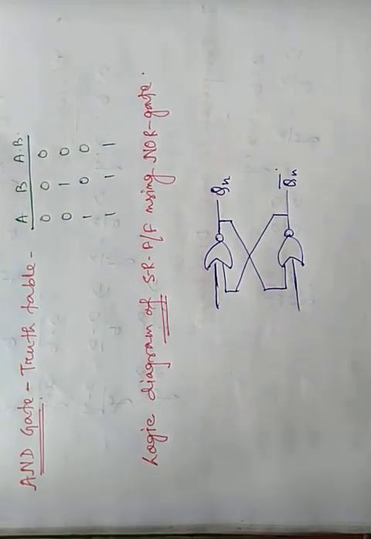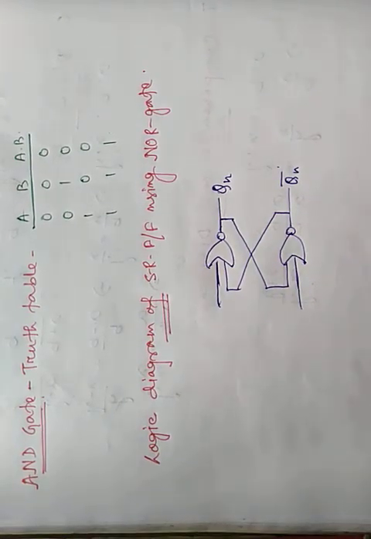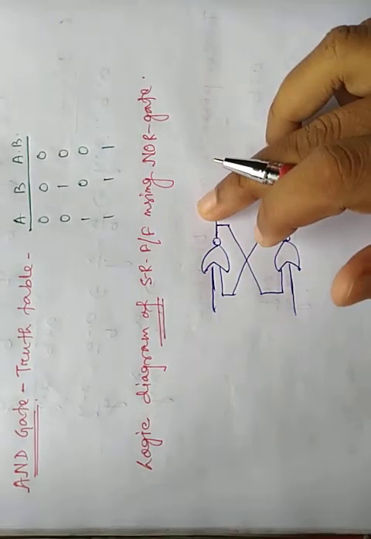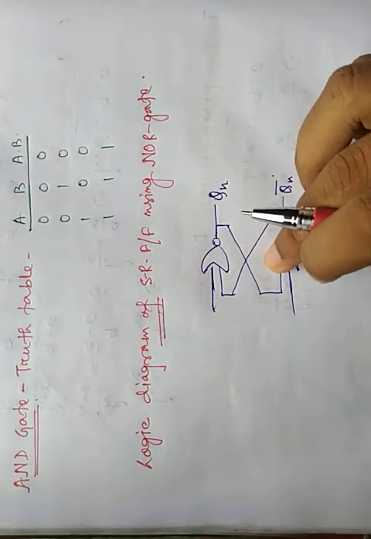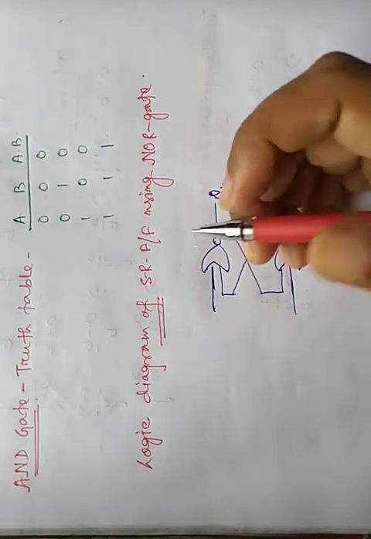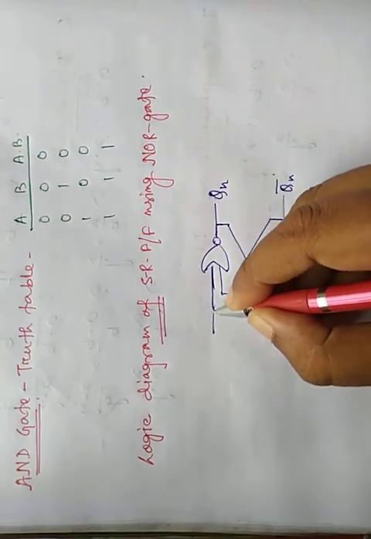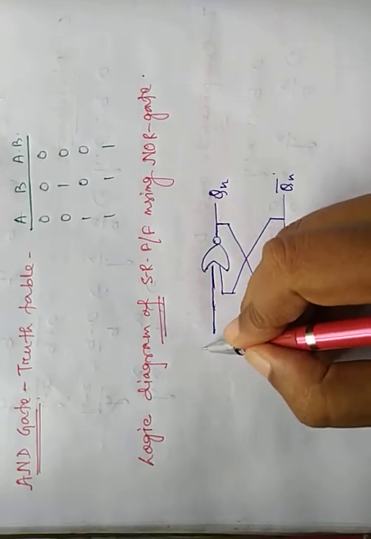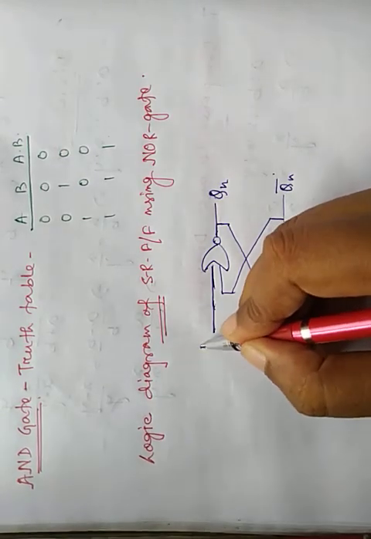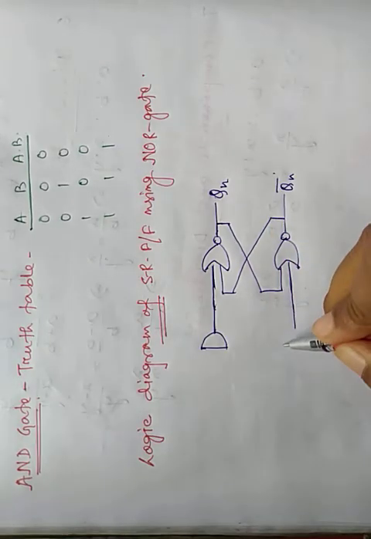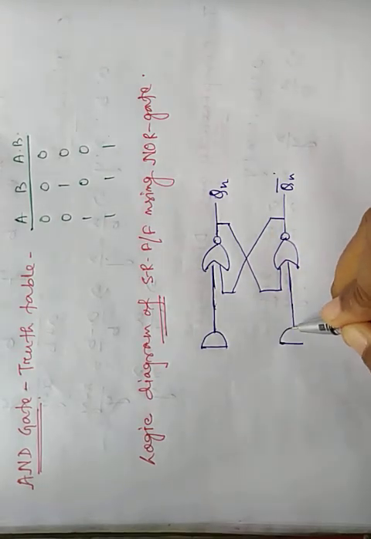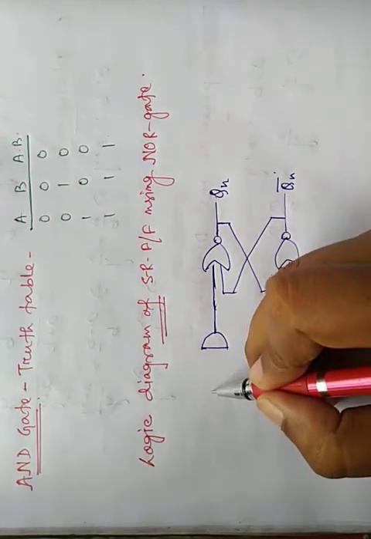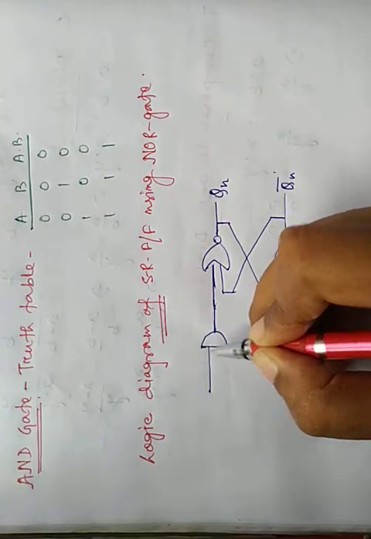So now we are going to add one clock signal. In order to add the clock pulse with this latch circuit, we have to add two AND gates. I think you have already remembered the AND gate. This is the AND gate.